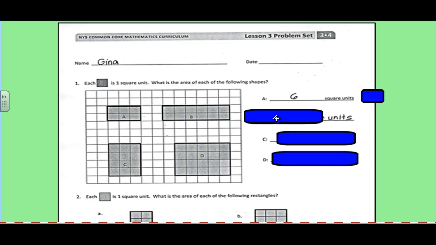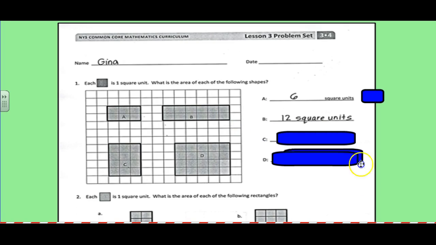So on part B, you need to make sure you have square units written down, because that is going to go with your area, and you're going to do the same thing with C and D. So I want you to go ahead and count the squares in B and C and D to find the area of those 3 rectangles. And I want you to push pause to do that, and whenever you're ready to check your answers, you may push play.